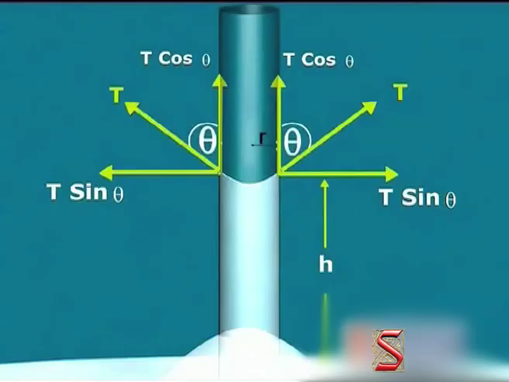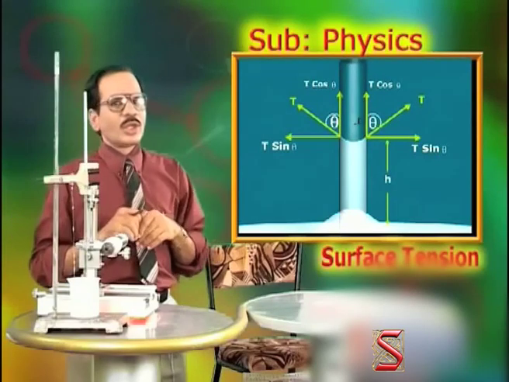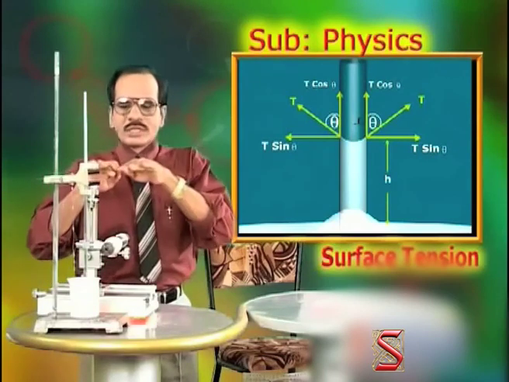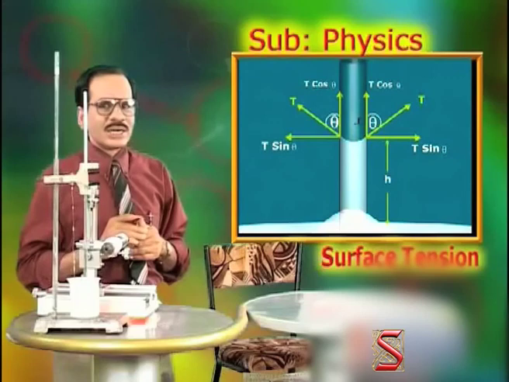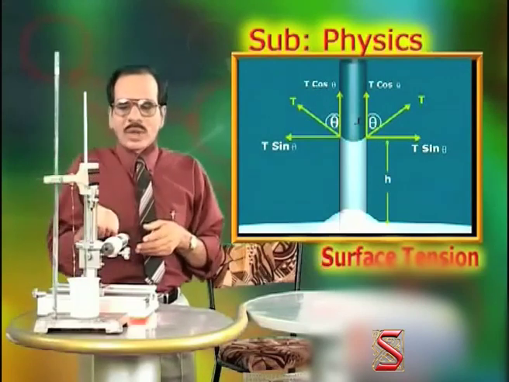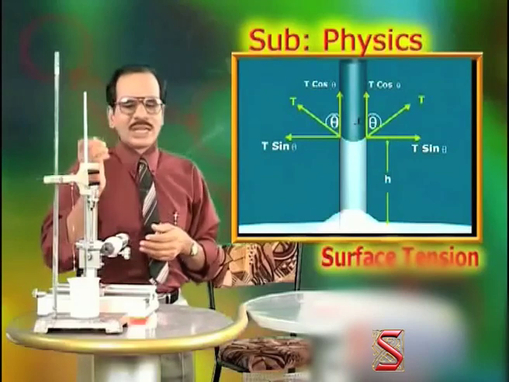Let us repeat these components. Surface tension T is resolved into two components, one horizontal and the other vertical. The horizontal component is T sin theta, and the vertical component is T cos theta.